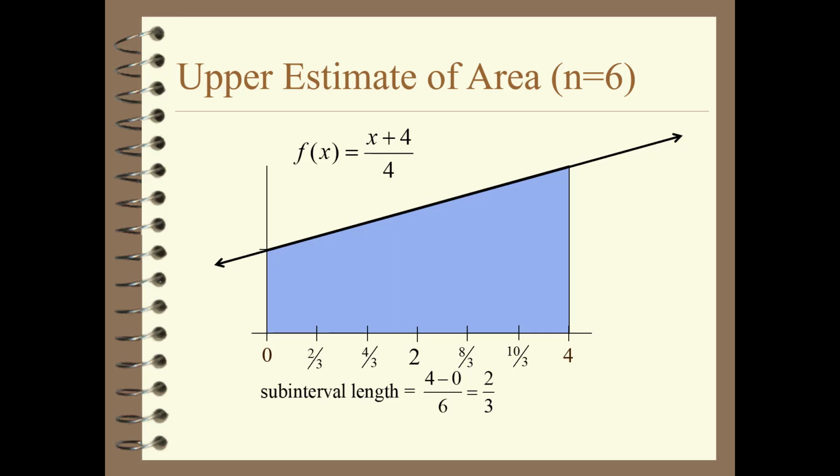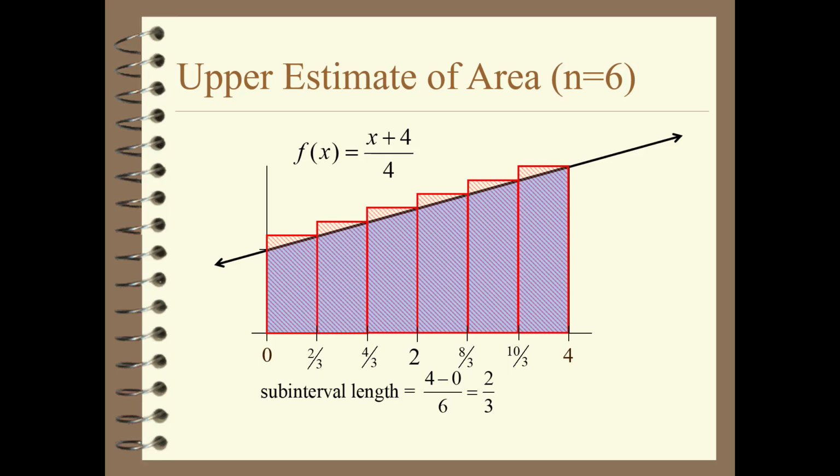For each of these intervals that I've just created, I'm going to pick the rightmost x value because I'm guaranteed, looking at my function, that will give me the largest possible y value over that subinterval. That way, when I create my rectangle, the height will be larger than every other y value in that subinterval, guaranteeing the rectangle is an overestimate in terms of area for that portion of the process.